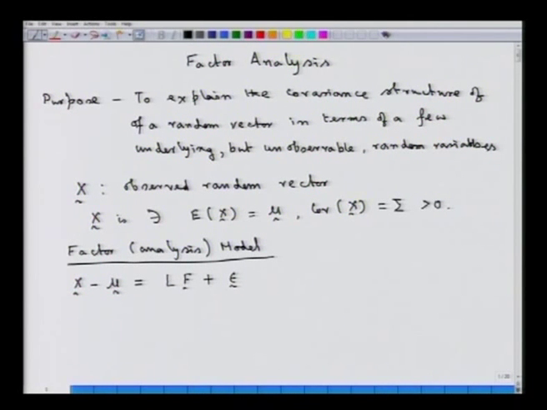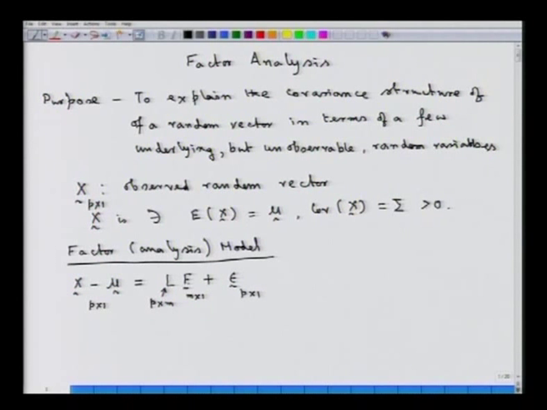Here x is the observed random vector and mu is the corresponding mean vector. Suppose p is the dimension of the observed random vector, so this side we have a p by 1 vector. L is a matrix of constants of order p by m. f is a vector of order m by 1, and epsilon is a random vector which is p by 1.